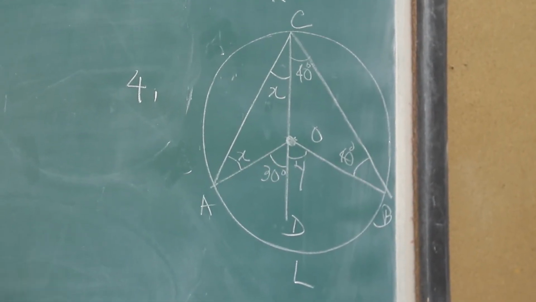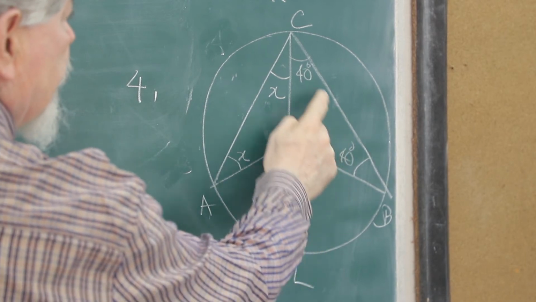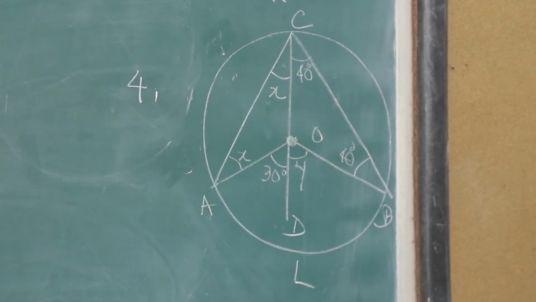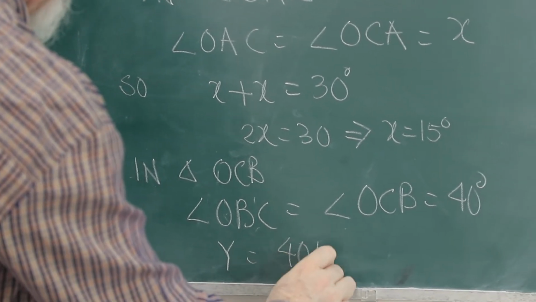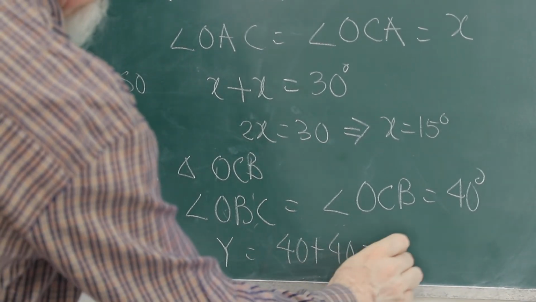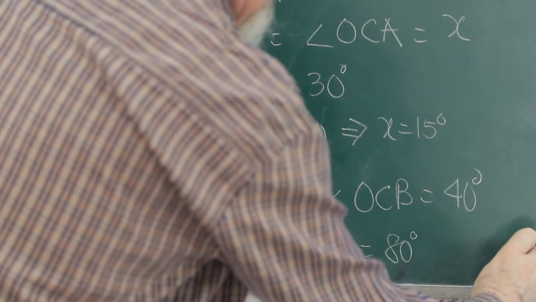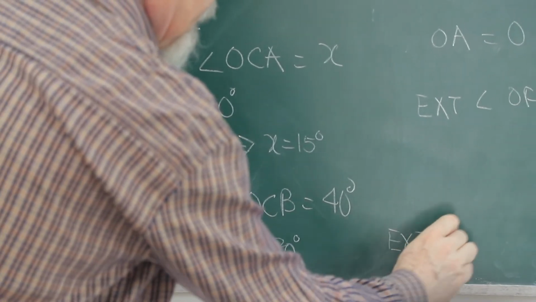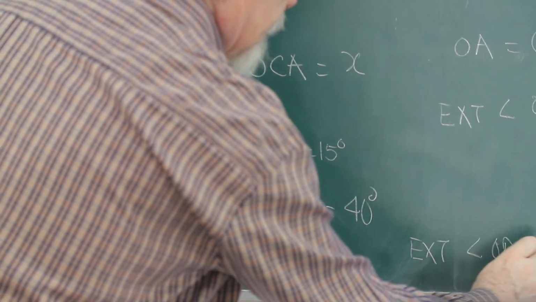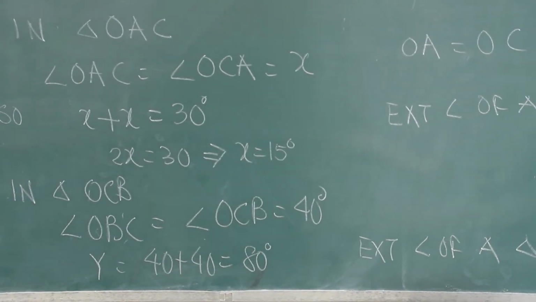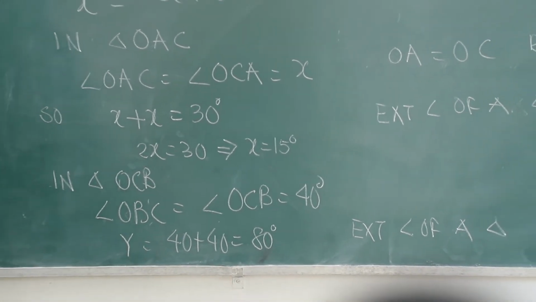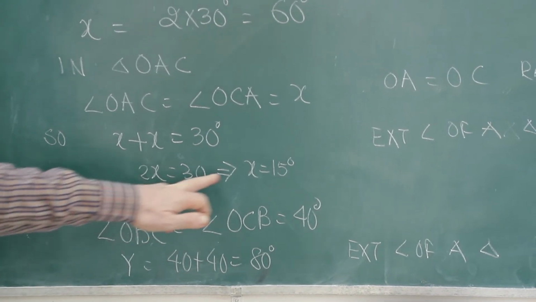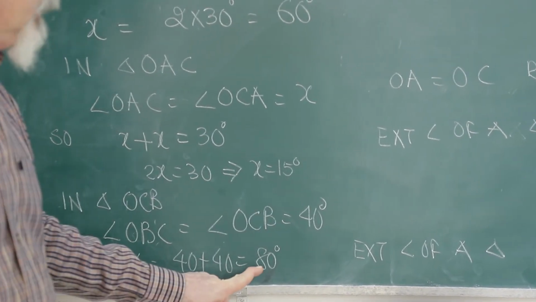Now again the exterior angle of the triangle, Y will be 40 plus 40, that is 80. Exterior angle of a triangle is equal to the sum of the interior opposite angles. So I have got both the values X as well as Y. I got the value of X as 15 and I have got the value of Y as 80.